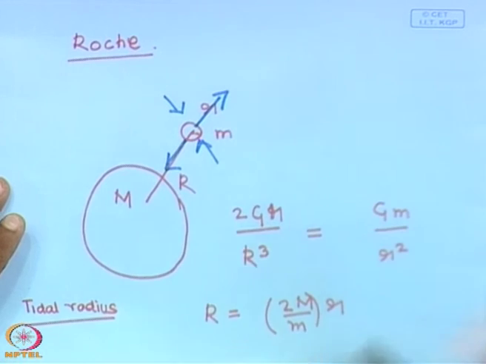Read up on whether it is possible to form rings around planets by tidal disruption of satellites. This was investigated by Roche, and he arrived at this interesting concept of a tidal radius, which has applications in various other situations also.